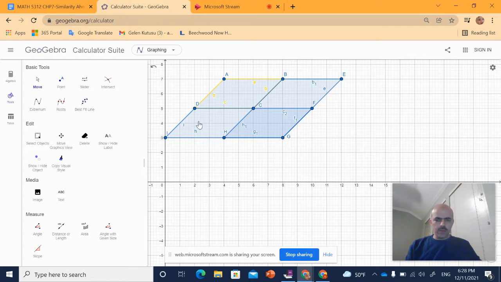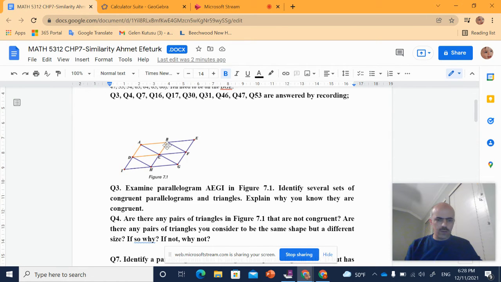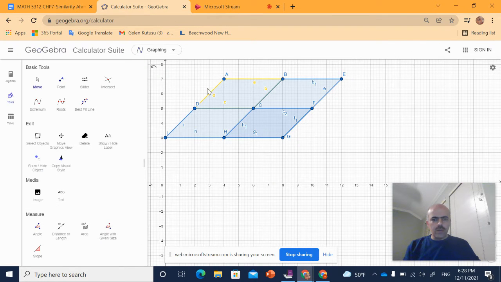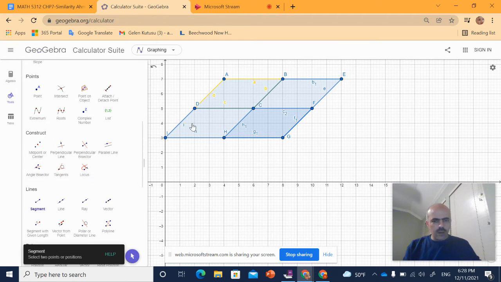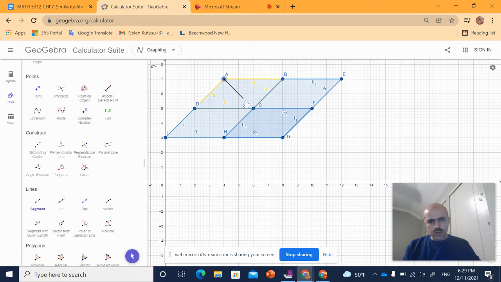Additionally, what we can do is look at the figure, which has some diagonals as well. So according to this, let's draw our segments also. When we see that from A to C and C to G, it is a straight line.